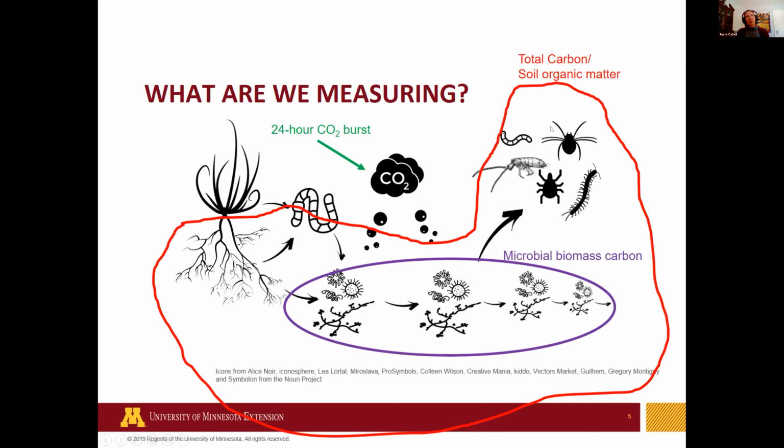And the different tests get at different parts of this food web. The total soil organic matter or total carbon essentially looks at everything in there. The microbial biomass carbon separates out just the microbes, and the CO2 burst test looks at just the activity of the microbes and the other organisms, anything breathing out carbon dioxide.